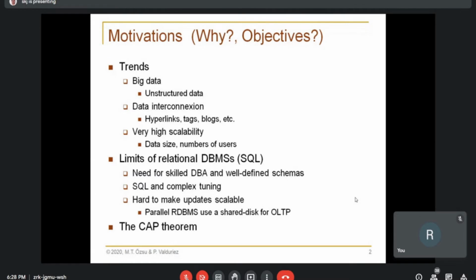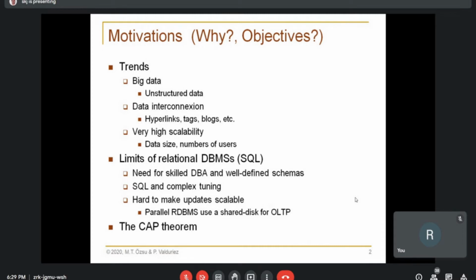Parallel relational database management systems, shared disk, online transaction processing, and distributed databases were all requirements of the current area. If we try to apply this technology even to distributed databases, we have some problems that we will see here.